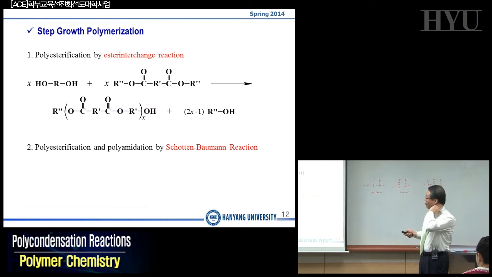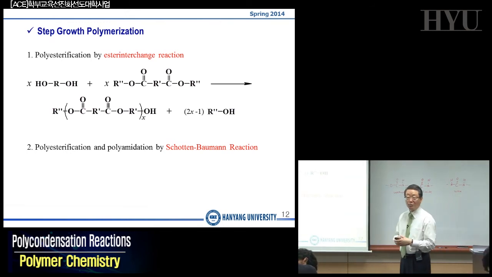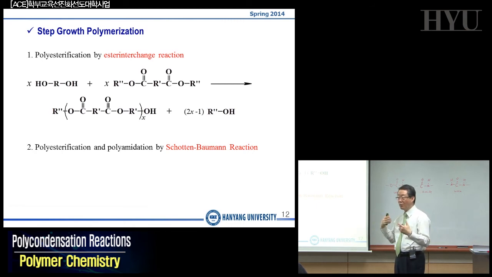But we have some other reaction, which is called the Schotten-Baumann reaction, so that the formation of polyester or polyamide proceeds at room temperature. And I will show you, and perhaps you will also conduct experiments in the lab.